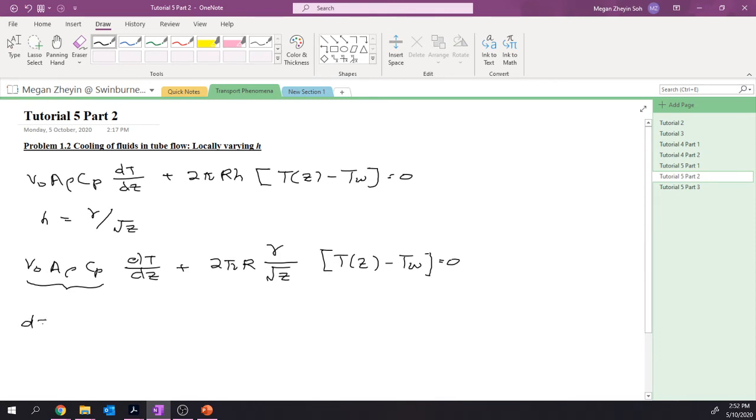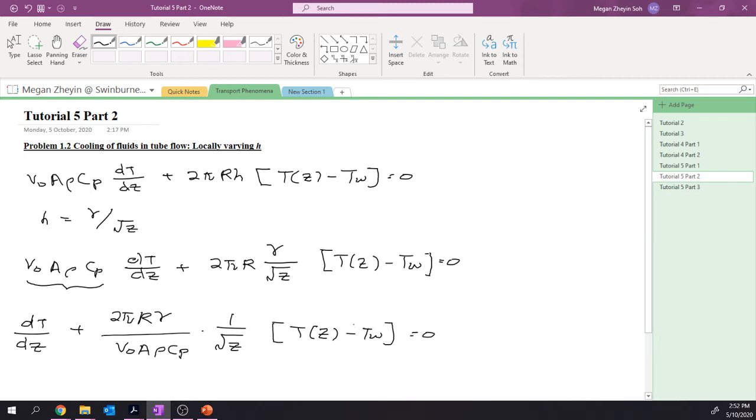So over here we get dT/dz plus 2 pi r gamma over VOA rho Cp, and you have your 1 over square root of z multiplied by (T(z) minus Tw) equals 0.